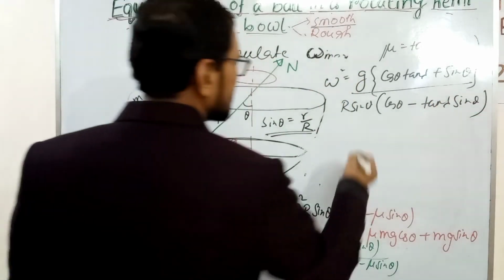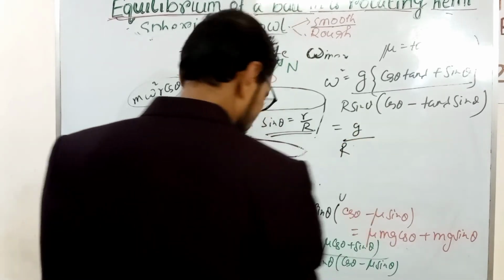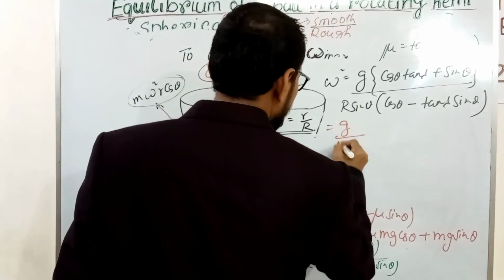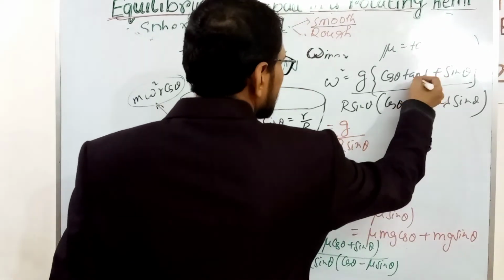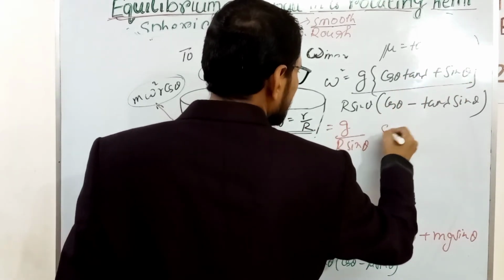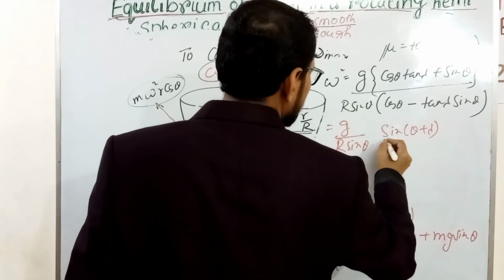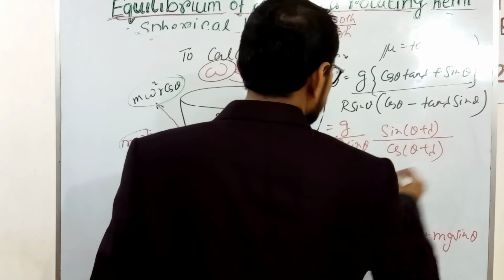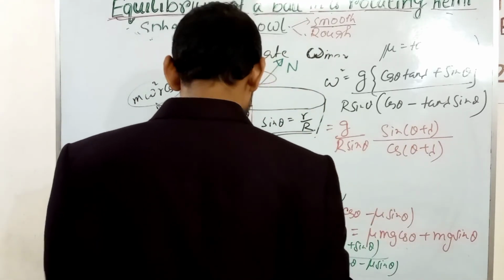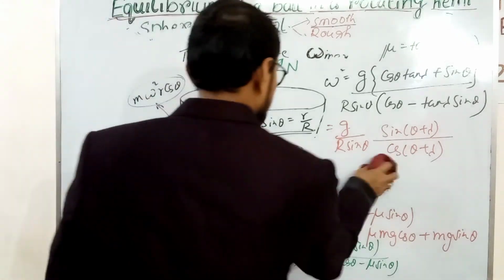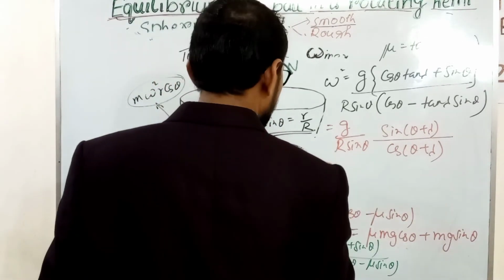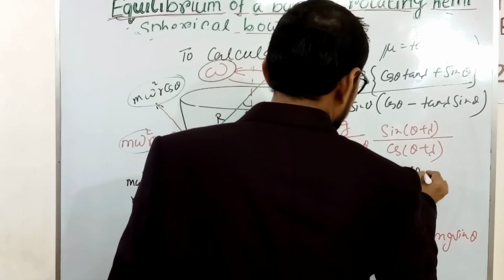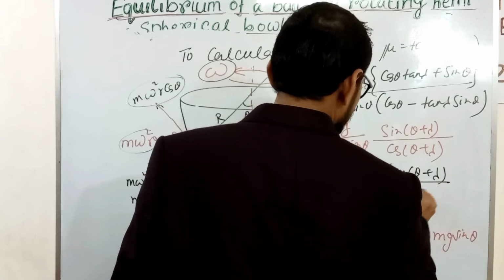Writing tan lambda as sin lambda by cos lambda, the formula becomes sin of theta plus lambda divided by cos of theta plus lambda. So the maximum omega value will be the square root of g tan of theta plus lambda by R sin theta.